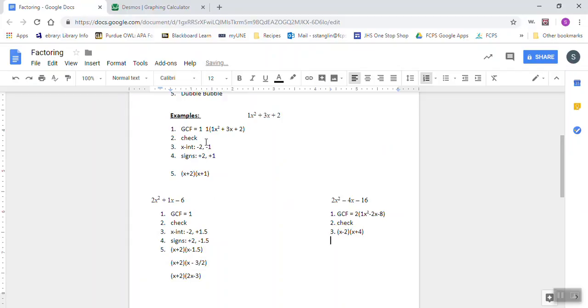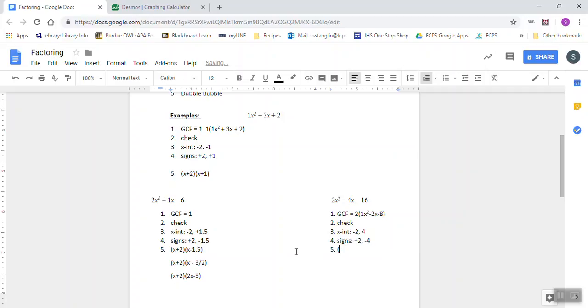Okay, step 4 is to change the sign. These are our x-intercepts. We're not ready for the factors yet. Alright, so now we're ready to change the signs. So we're going to change this to a +2 and a -4.